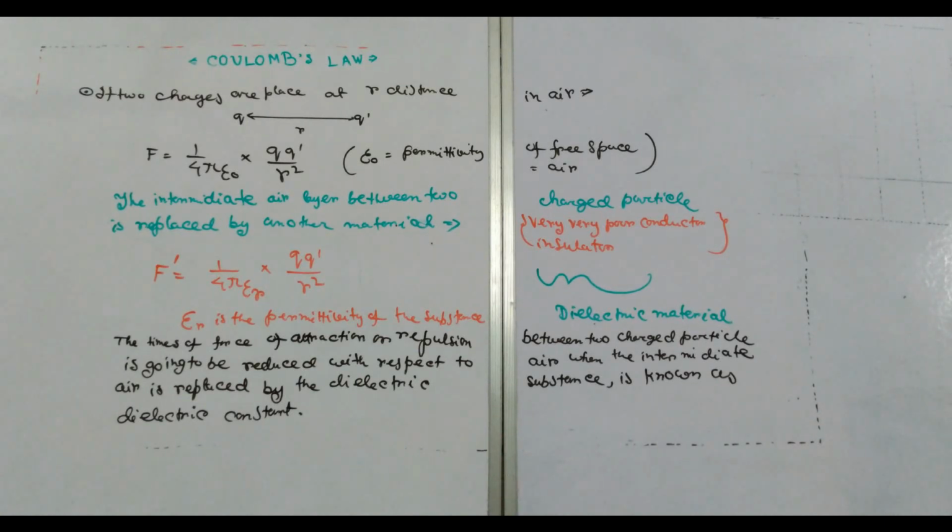So basically, if the total force between two charged particles in air is F, and when the intermediate air layer is replaced by a dielectric material, let us say silica or water, the force between the two charged particles becomes F dash, then the dielectric constant must be F by F dash.